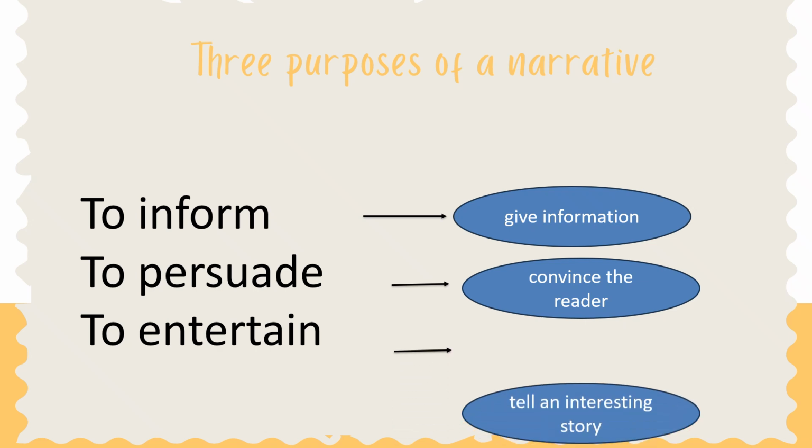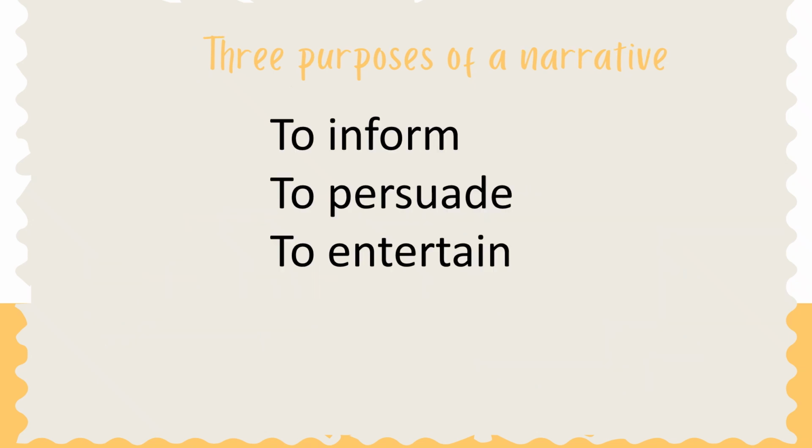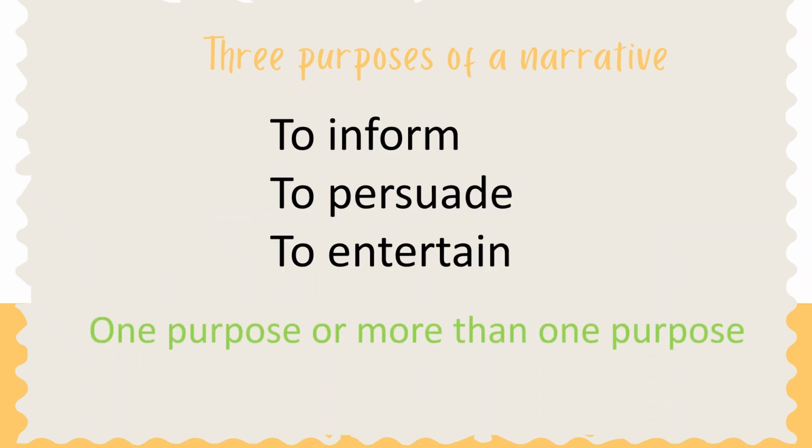To entertain is to tell an interesting story. There is one thing you need to pay attention to: there can be more than one purpose in one narrative. That means there can be one purpose, two purposes, or three purposes in one narrative.